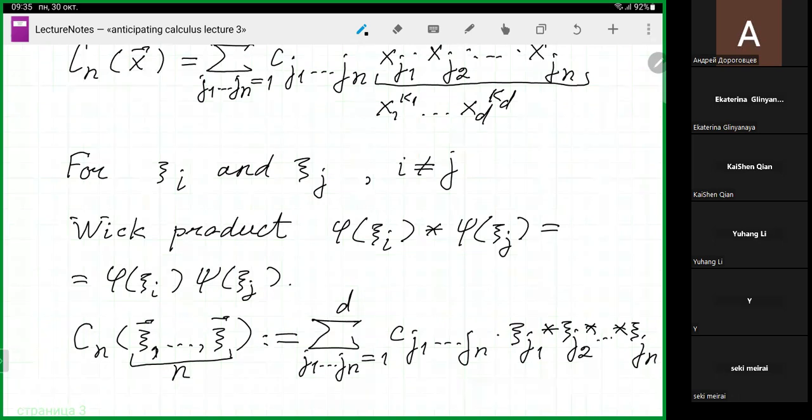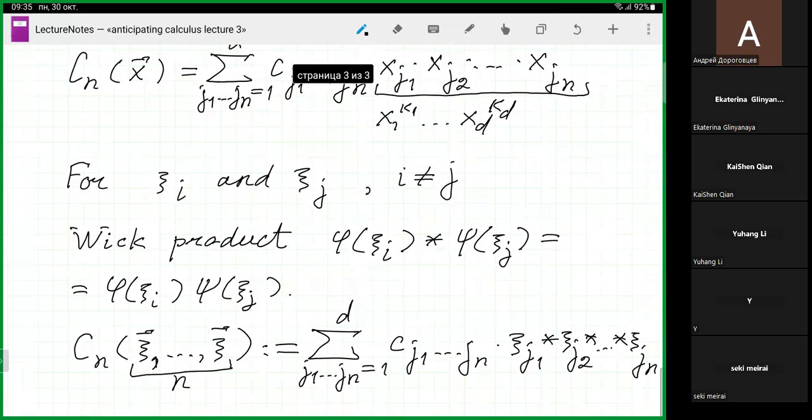This is our definition of the action of the polynomial form on our standard Gaussian random vector. You see, instead of multiplication there, we use here weak product. And maybe you understand that due to this weak product, we have Hermite polynomials.